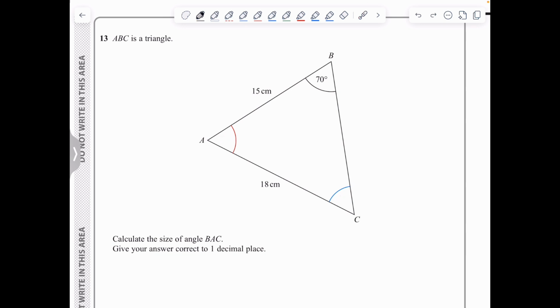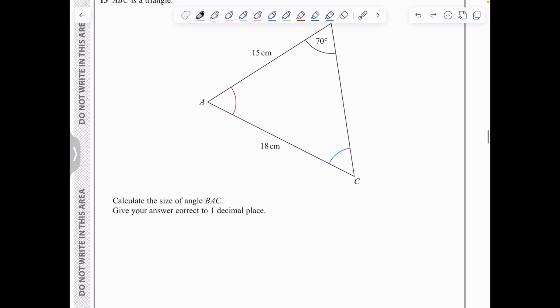So let's start with the sine rule. We've got sine of 70 over the 18 being equal to sine of C over 15.